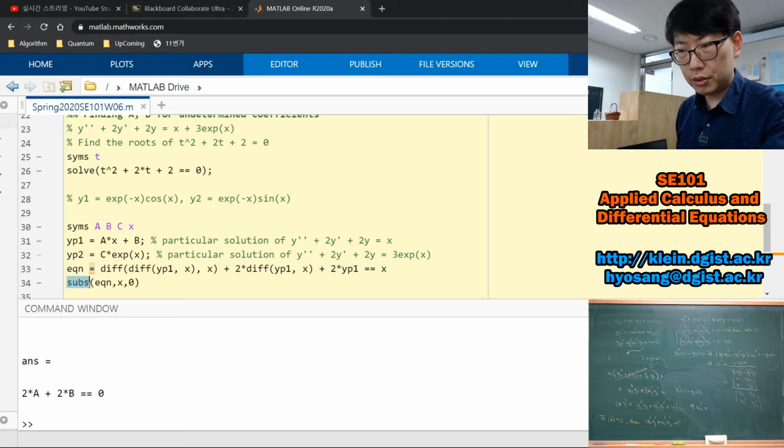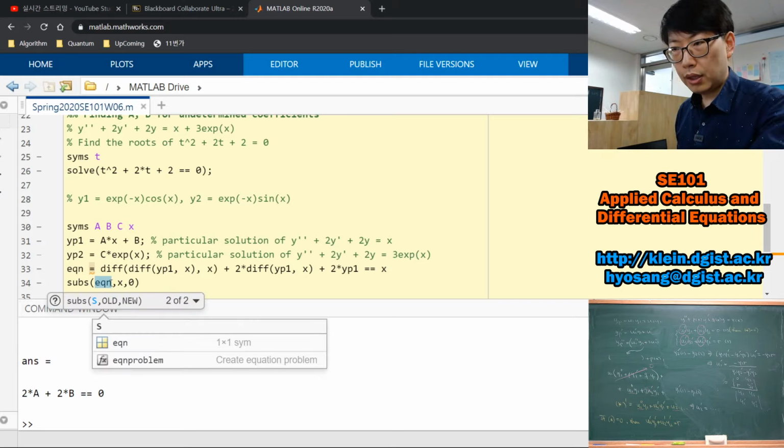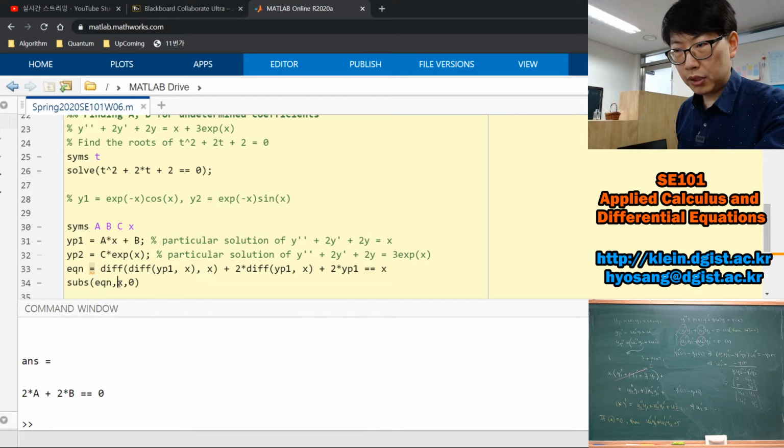This is the abbreviation of substitution, and it gives the result of the equation after substituting the variable x with the value. So that's how you use the command, and you get this result.